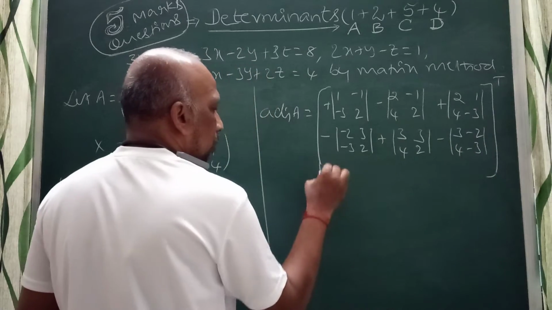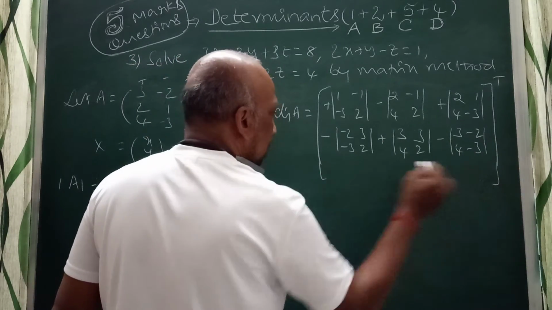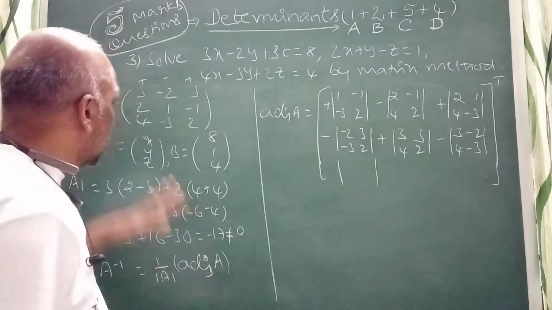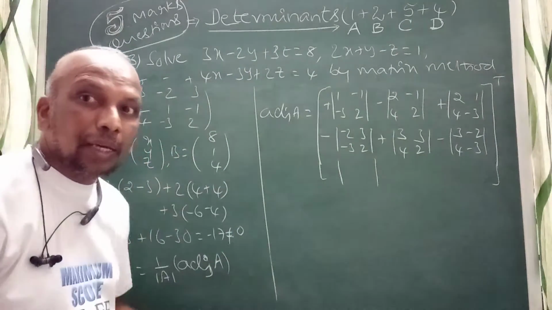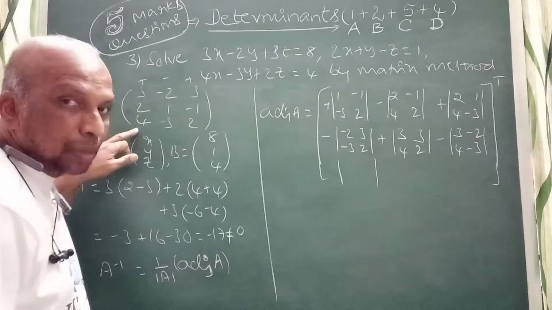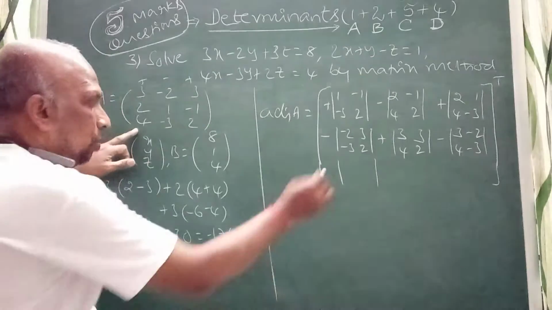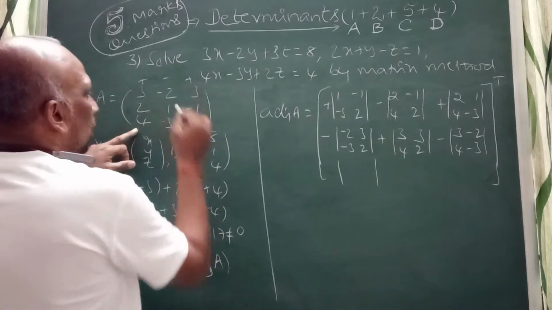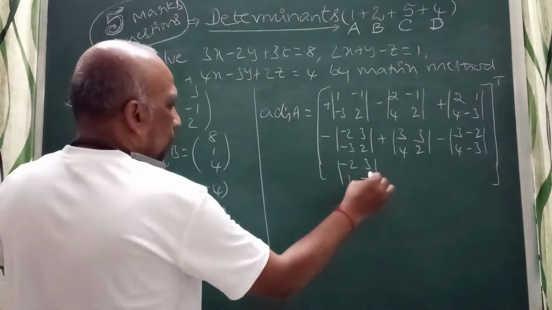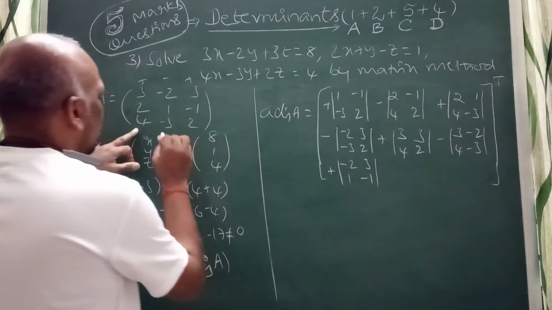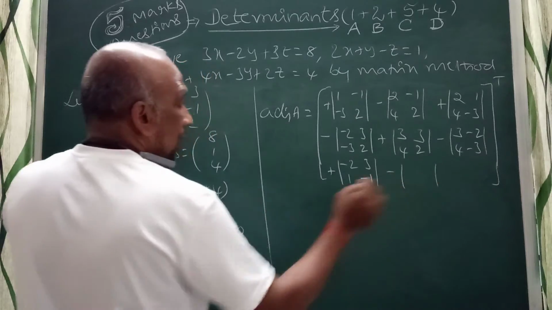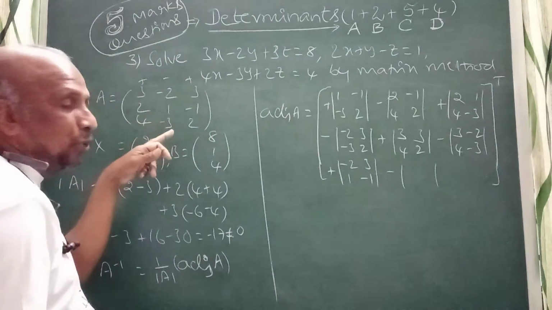Coming to the next row, this is the position of A31, third row, first column. The sum of the suffix is 4, positive. Leave this row and this column: minus 2 3, 1 minus 1. Plus, right. Coming to here, this is negative, because it is A32.